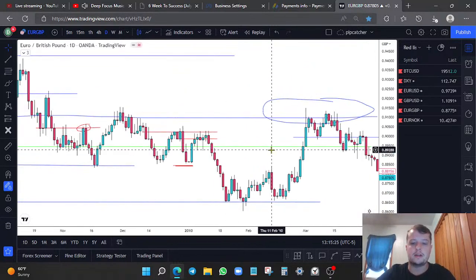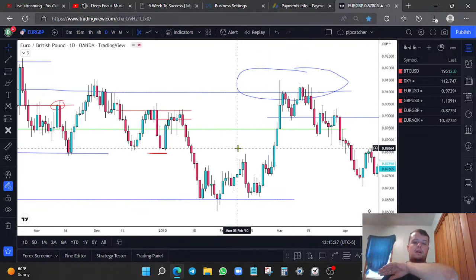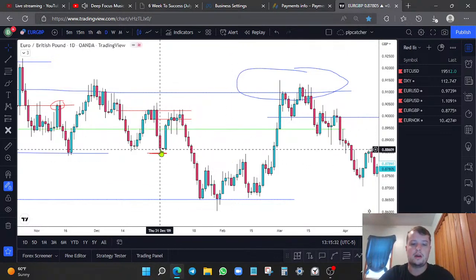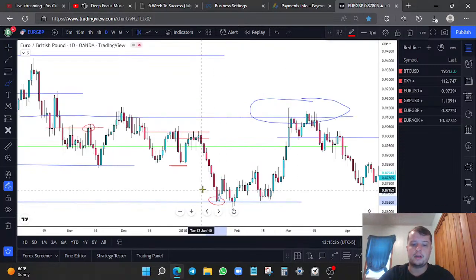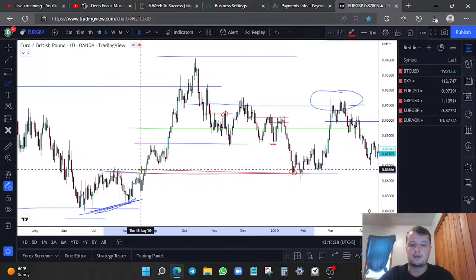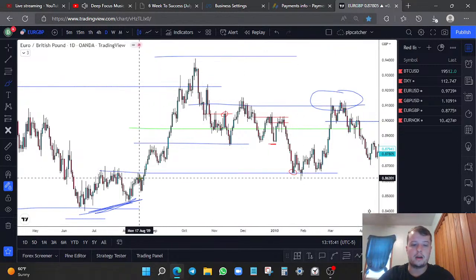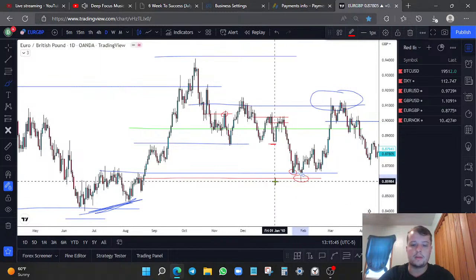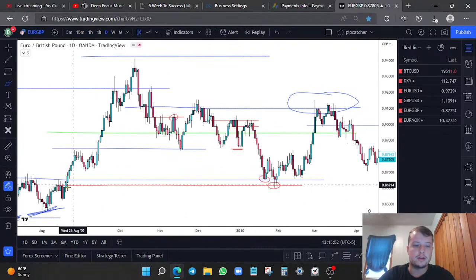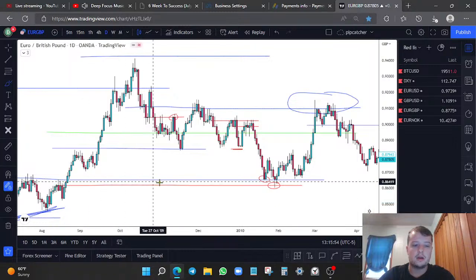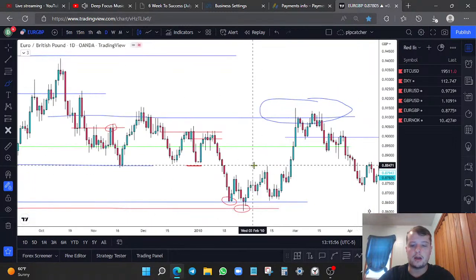And here's a way to tell that price is possibly not going to reject from that area, because once we got down to that weekly point of interest right here that we were looking at, once we got back down into that weekly and daily point of interest, look at what happens.